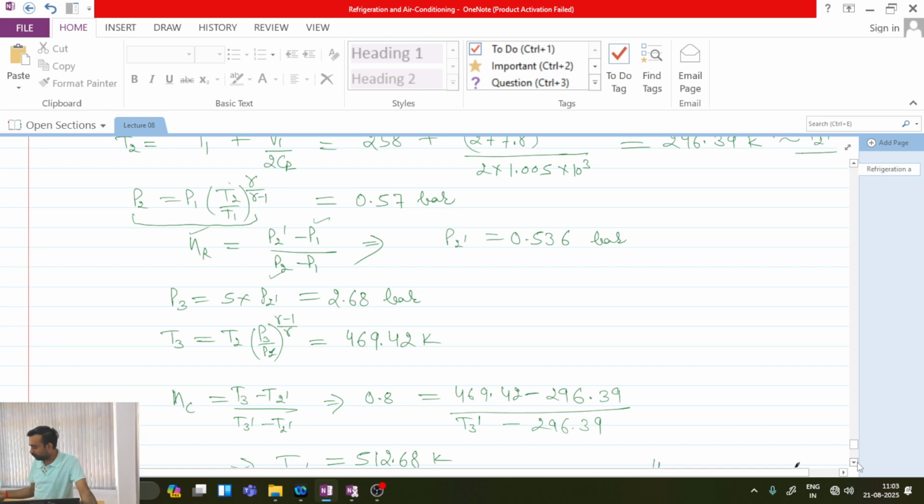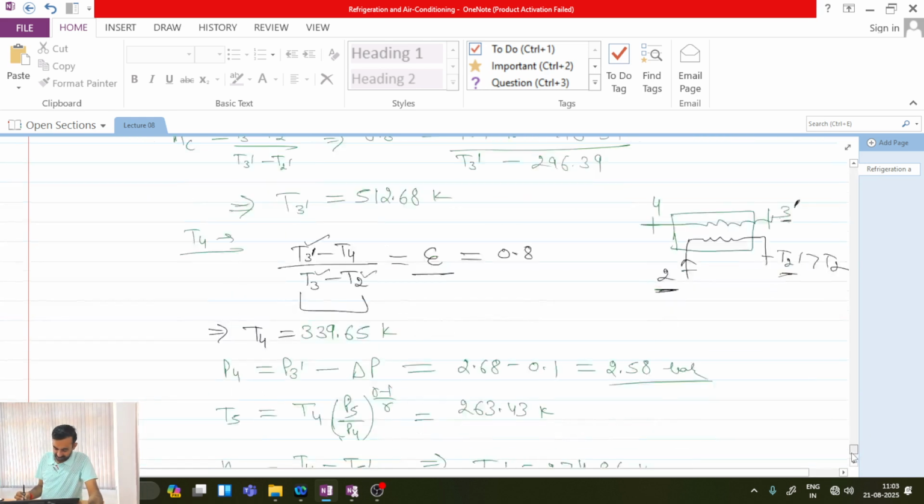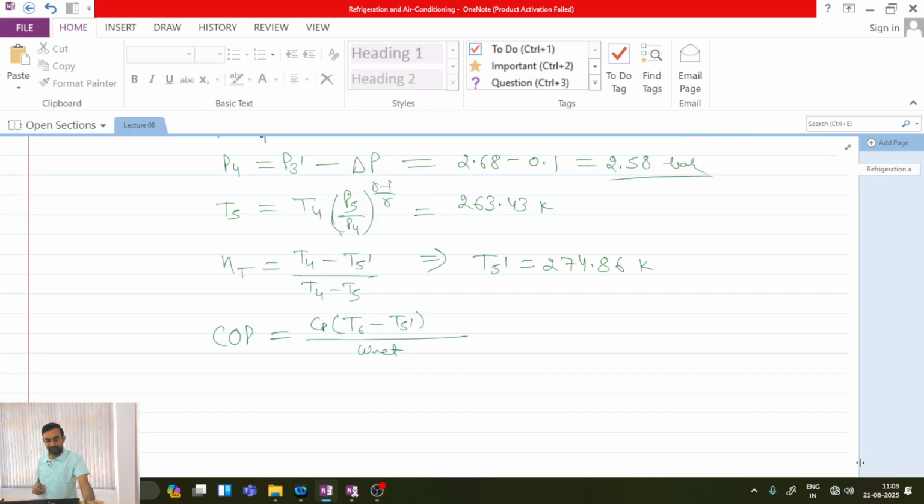Now, in addition to this, after estimation of pressures and temperatures, we have to find the COP as well as the mass flow rate of the working fluid, so the mass flow rate of the air which we are passing through different components. However, when we calculate the mass flow rate, we need to calculate it for how much tons of refrigeration capacity? For 1 ton of refrigeration capacity.